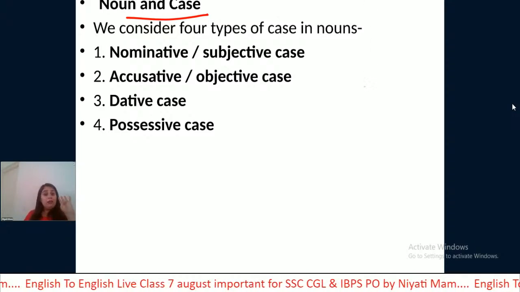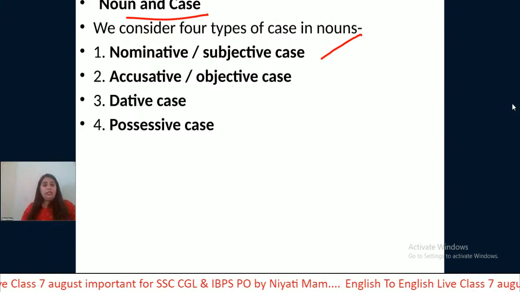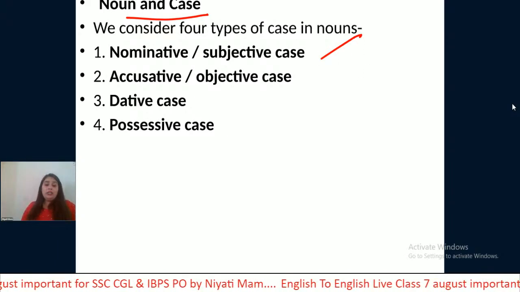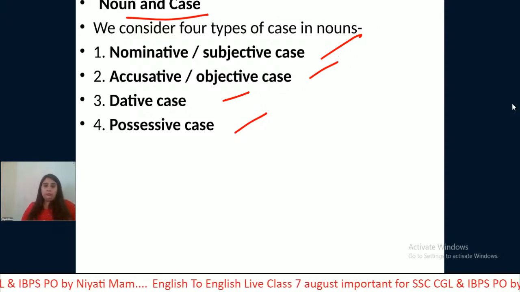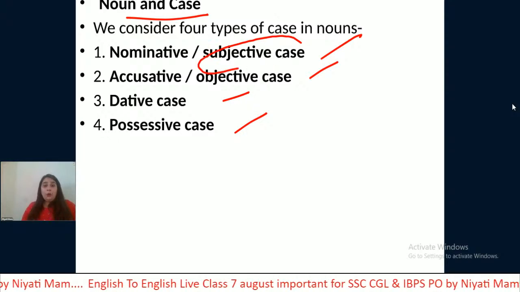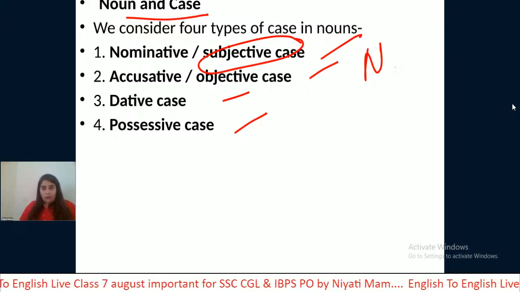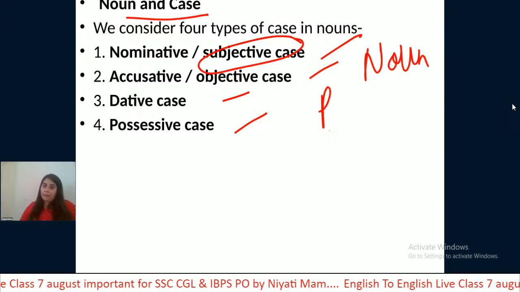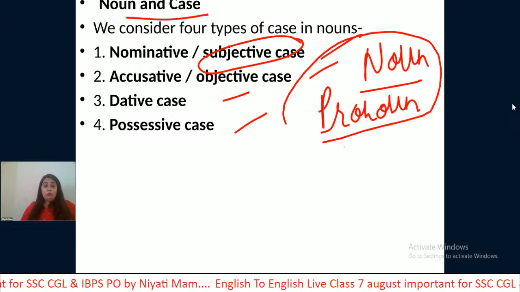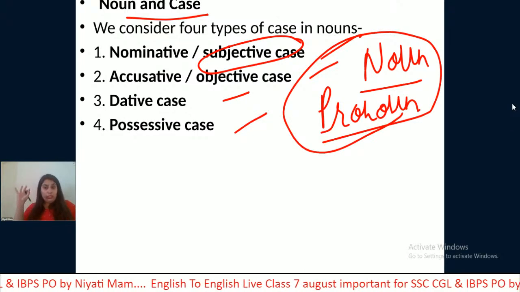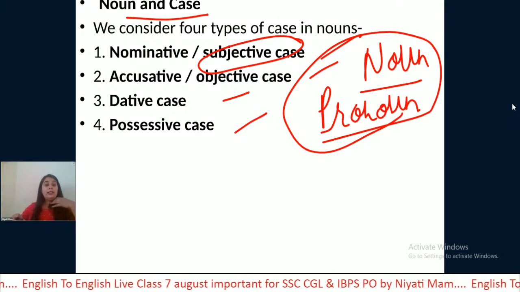We consider 4 types of case in nouns, as you can see on your screen: nominative or subjective case, accusative or objective case, dative case, and possessive case. I already told you in our last session that only noun and pronoun, just these 2 parts of speech, can work as subject and object of the sentence.